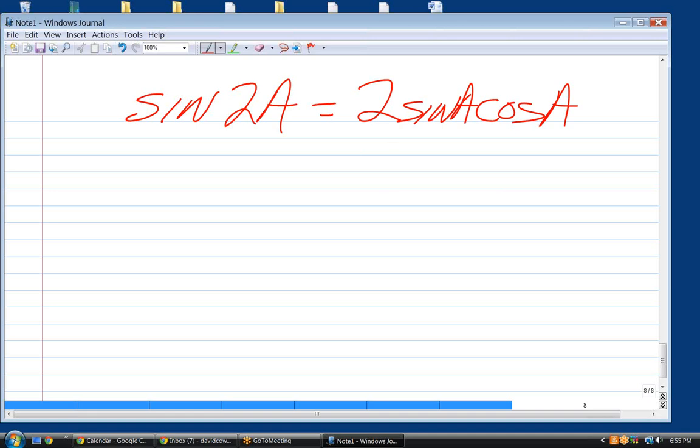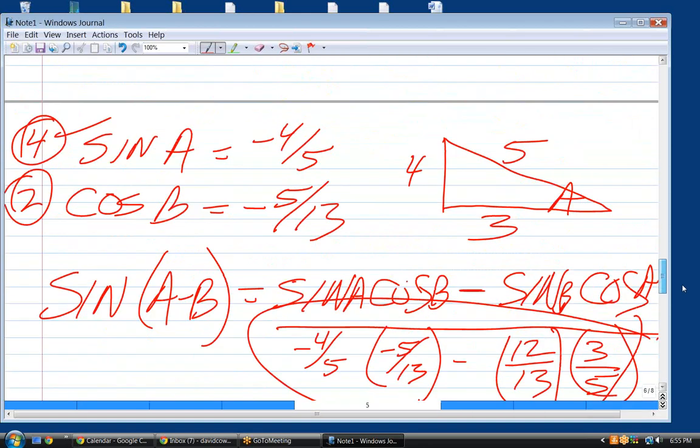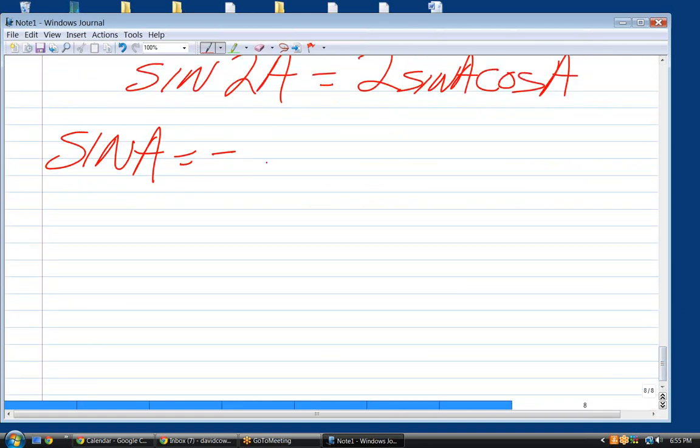Okay, so what's the problem? Just using that same triangle that we had. Do they give us any values for anything? In other words, the sine of A is still equal to negative 4/5.